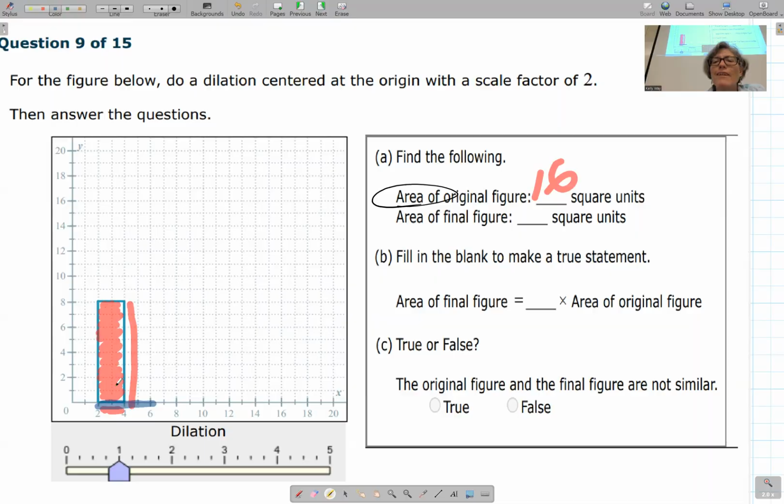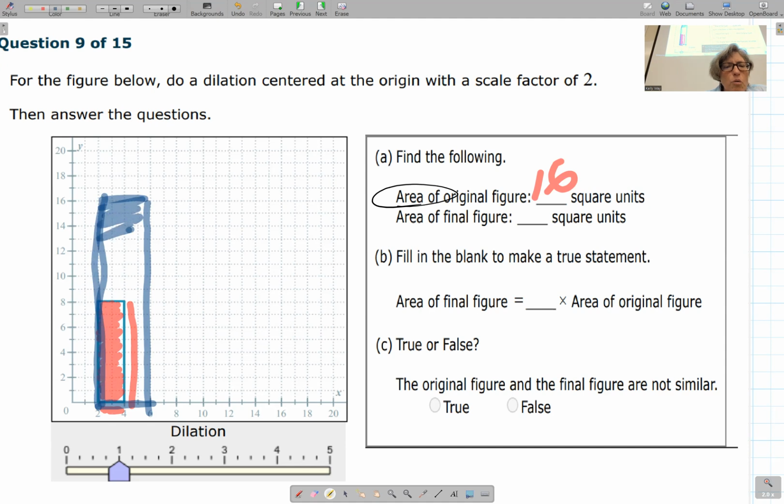And so dilating by 2 means we double each of the edge lengths. So we're going to go from 2 to 4, 2 to 4. And here we're going to go 8 to 16. That's what dilate by 2 means: we double all the edge lengths here.